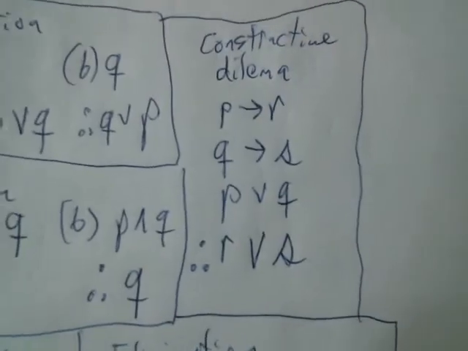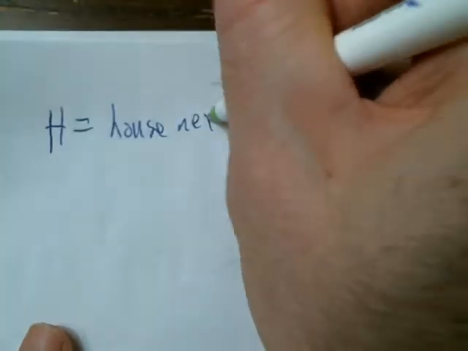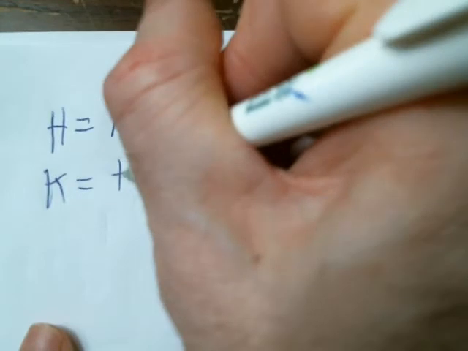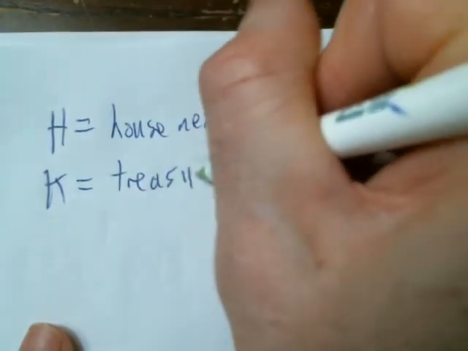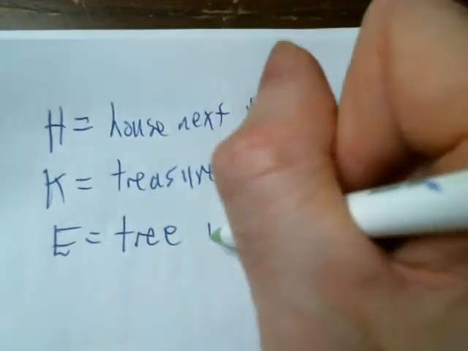Okay. So I've had time to look at it, and I noted I want the following statement variables. First, H is the house next to the lake. K is the treasure in the kitchen. E, we'll say the tree is the elm tree.